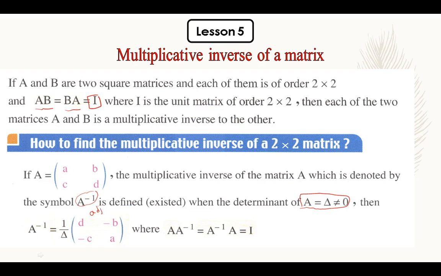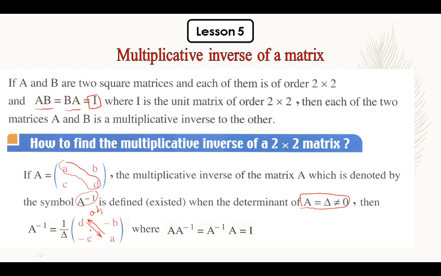How can we find the adjoint matrix of A? By swapping the elements of the main diagonal. Here we have a and d. We are going to replace their places, so a will go up and d will go down.